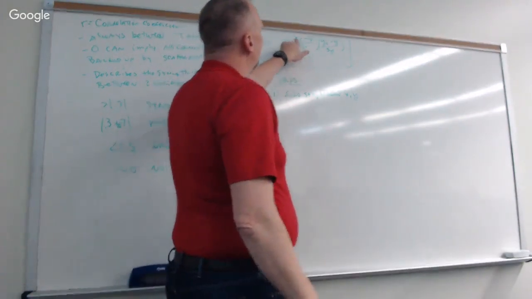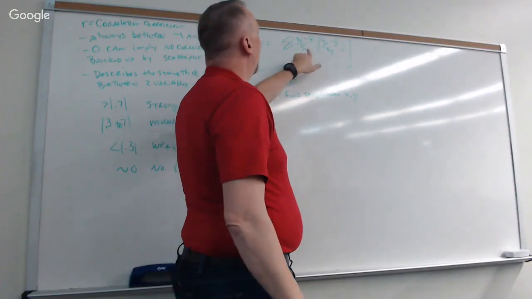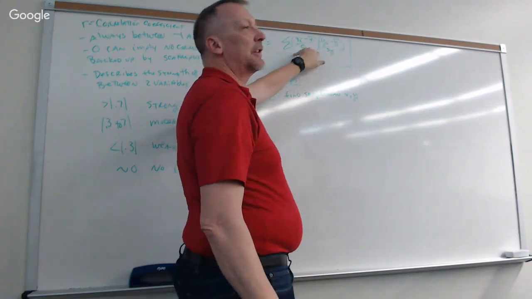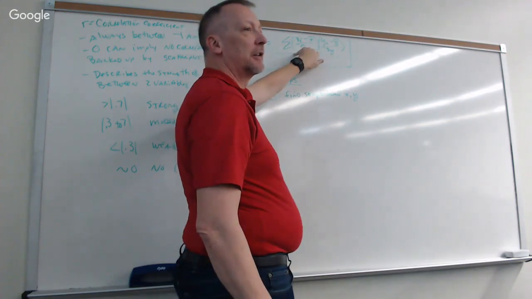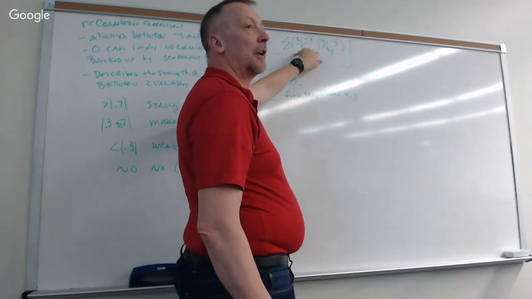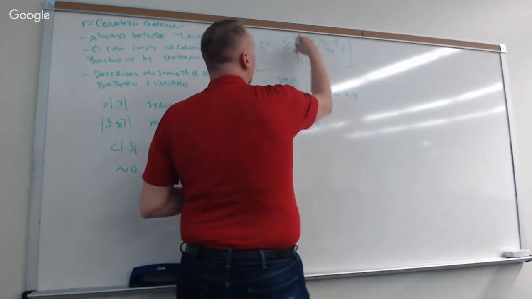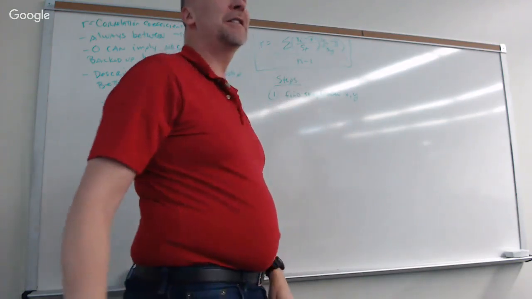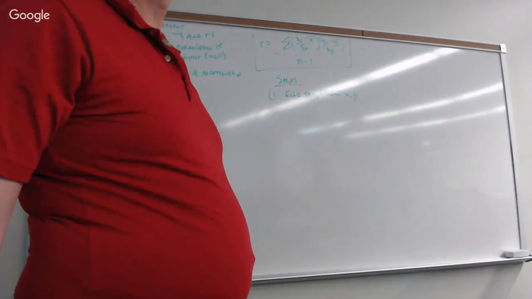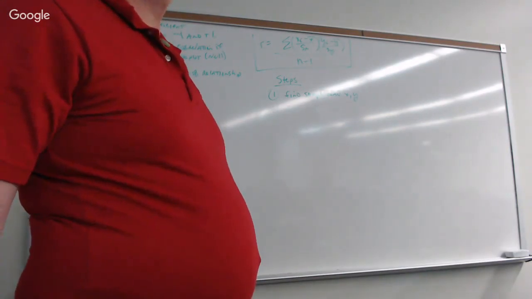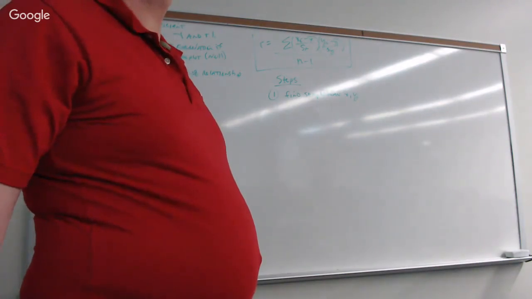Now, essentially this is your data minus your mean divided by S, which stands for your standard deviation. What does this in the parentheses look very much like? Like chapter 3, we just talked about it.